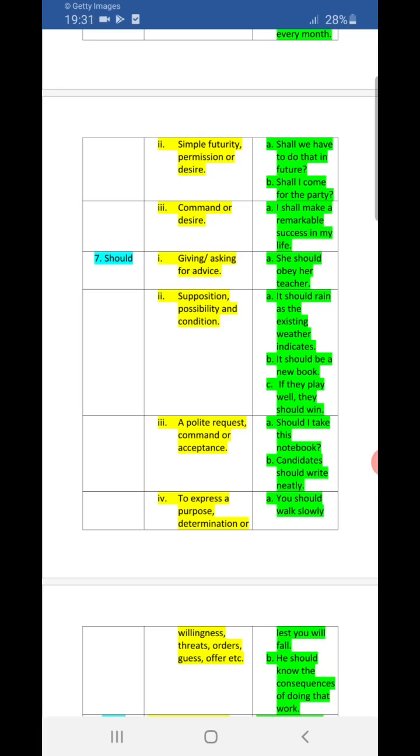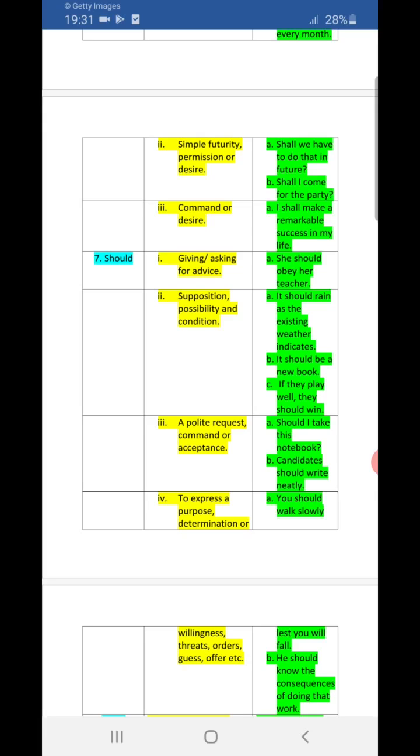Next, number B. It should be a new book. So it is a possibility that someone is expressing. What kind of possibility?